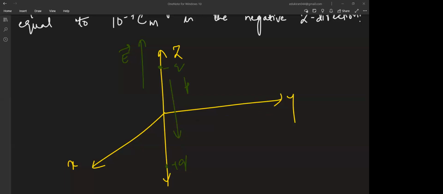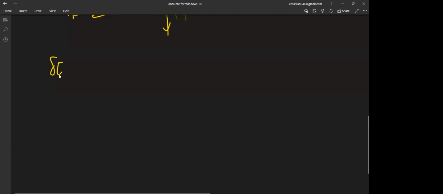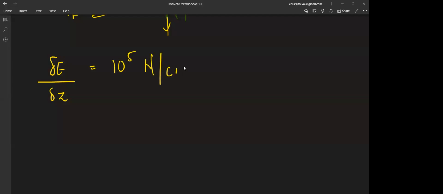Now see, when the electric field is changing in a direction, I have told you we have done a partial differentiation also at that time. When we differentiate the electric field over the z axis, it is 10 to the power 5 Newton per coulomb per meter, right?